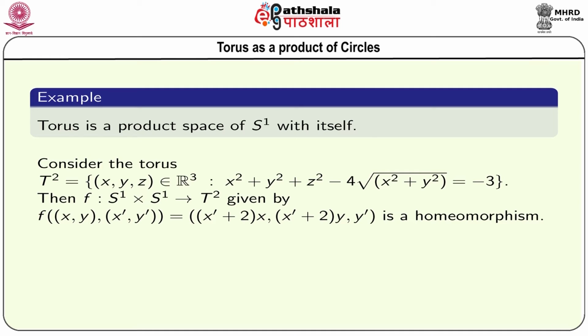Then, if we define a map F from S1 cross S1 to the torus T2 described by F of the pair x y comma the pair x dashed y dashed is equal to the triplet x dashed plus 2 times x, the second component is x dashed plus 2 times y and the third component is y dashed.